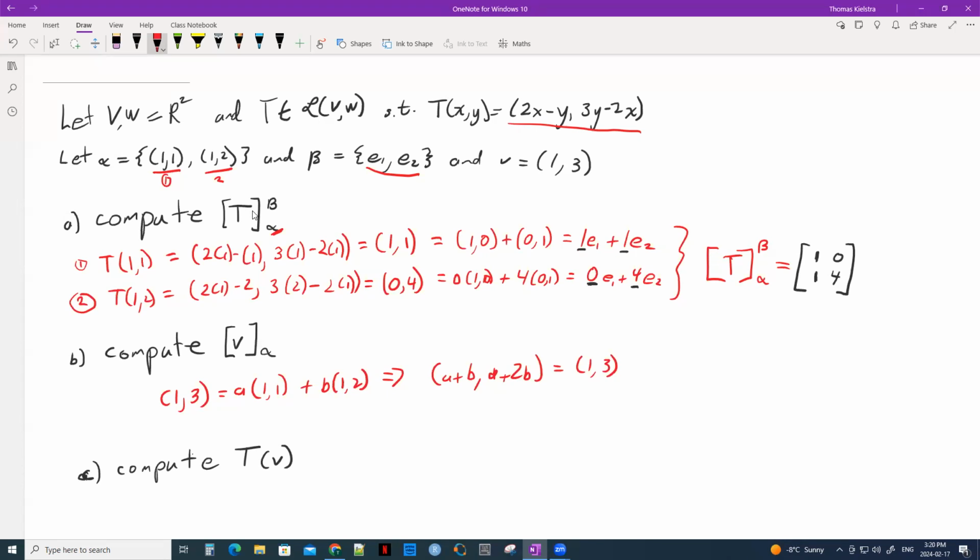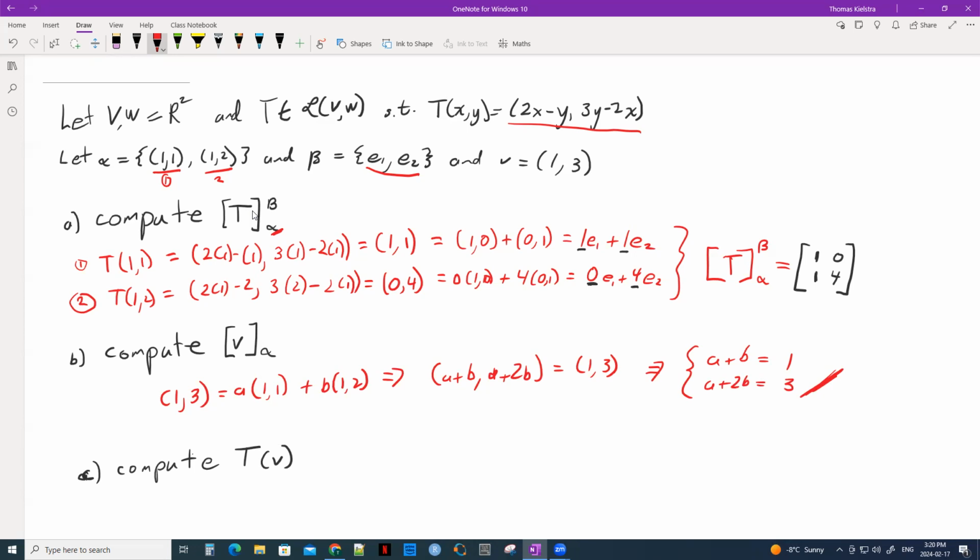This gives the system of equations A plus B equals 1, A plus 2B equals 3. A solution to the system gives me my linear combination of my two vectors.